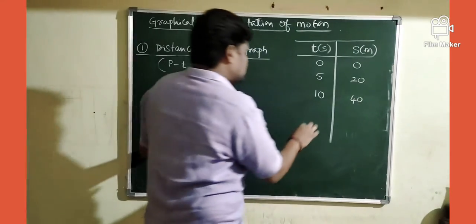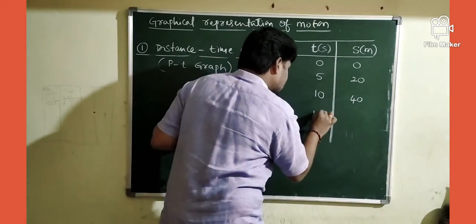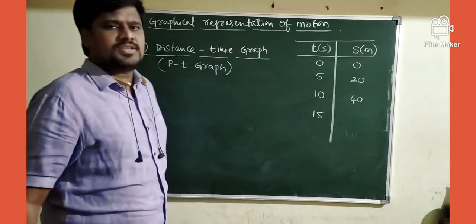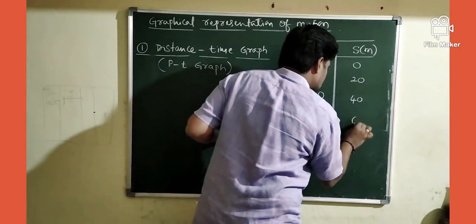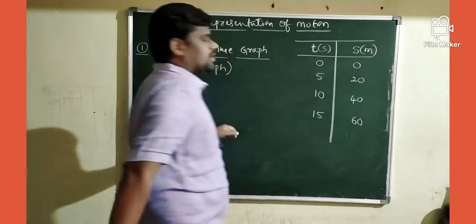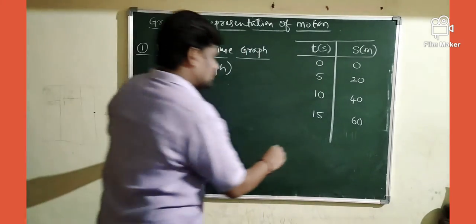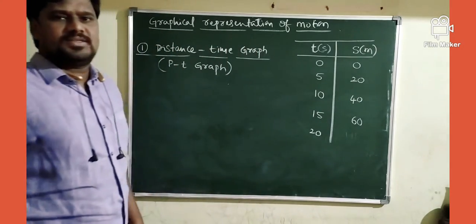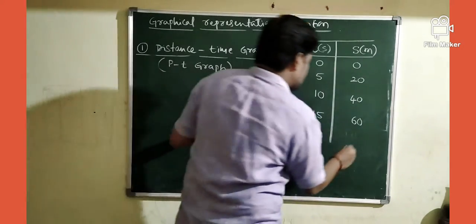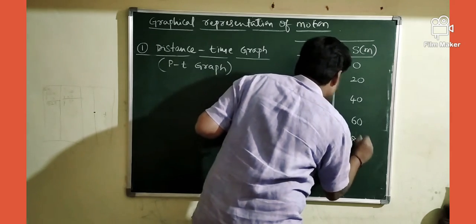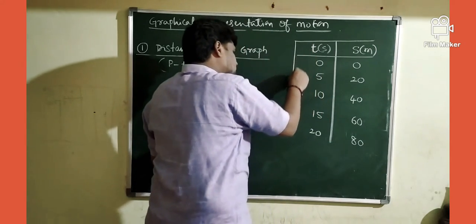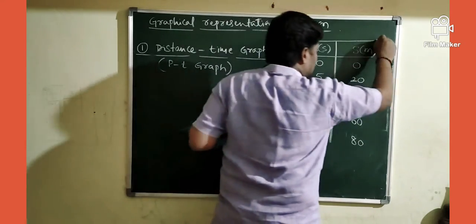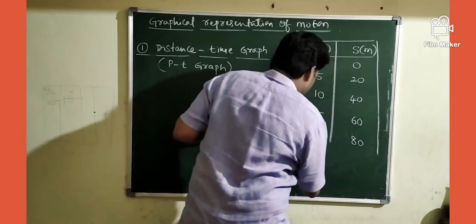When the time is 15 seconds, the distance travelled is 60 meters. When the time is 20 seconds, the distance travelled is 80 meters.